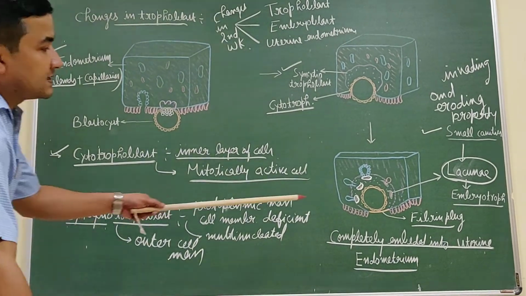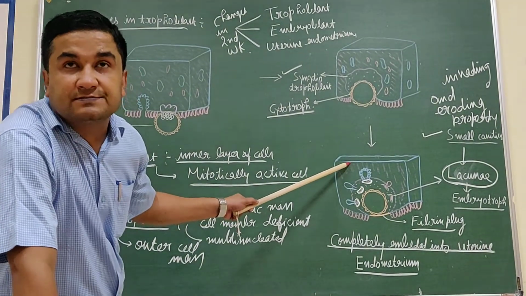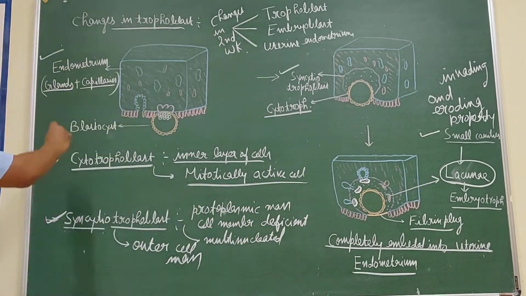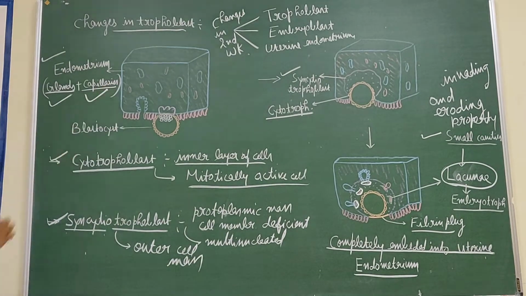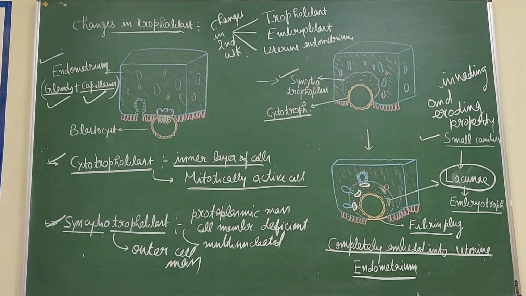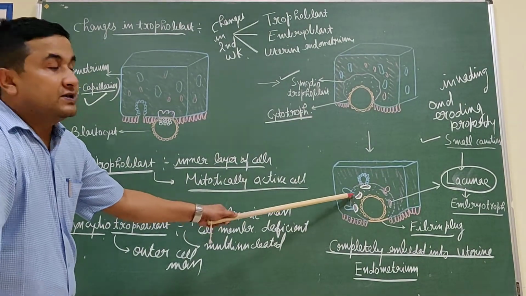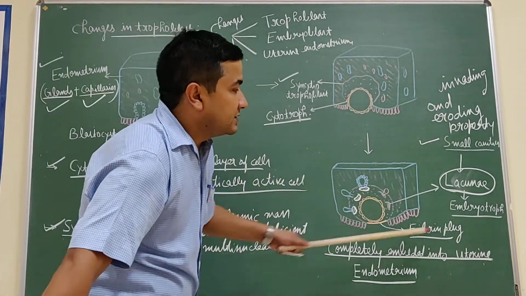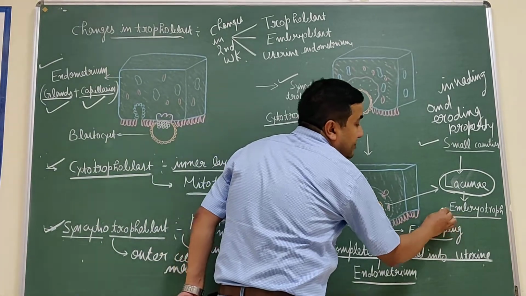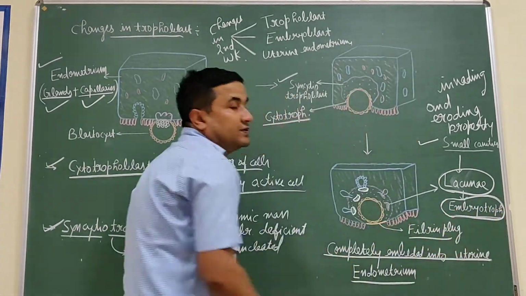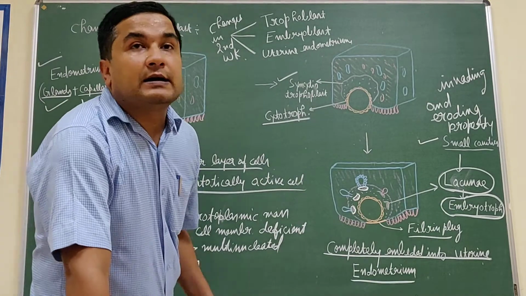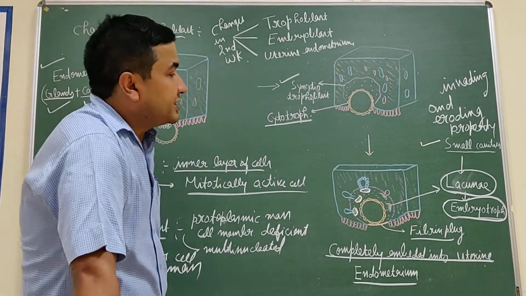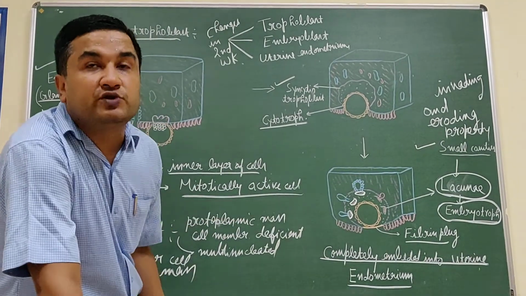As this syncytiotrophoblast erodes the uterine endometrium, it also erodes the uterine glands and the capillaries, as a result of which these lacunae are filled with a fluid. This fluid is known as the embryotroph. This embryotroph contains the maternal blood and the debris material of these uterine glands.